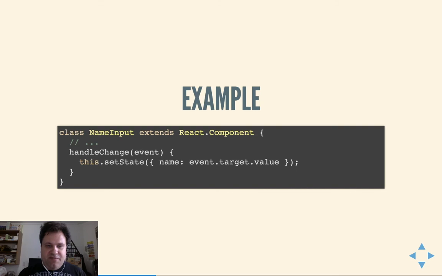It will receive the change event, and then it will change the name attribute of the state to the value of the target of the event. So if you change the value that you have typed into a text box, this will generate an onChange event that is going to call this handler, and then the new name is going to be propagated to the component's internal state via this call.